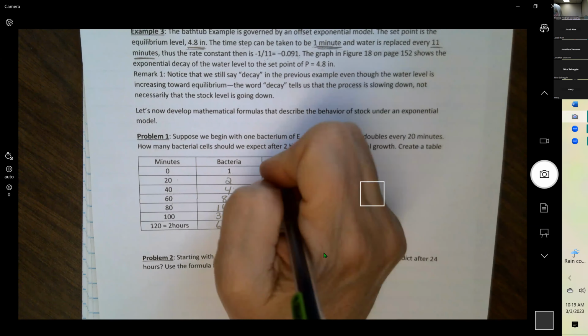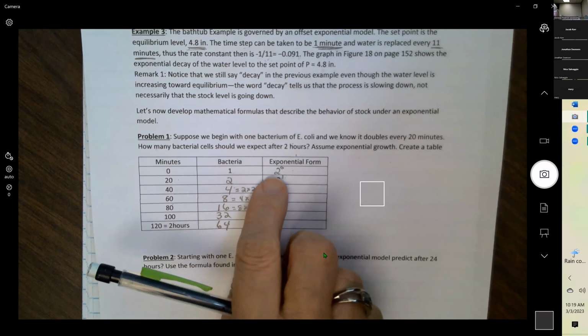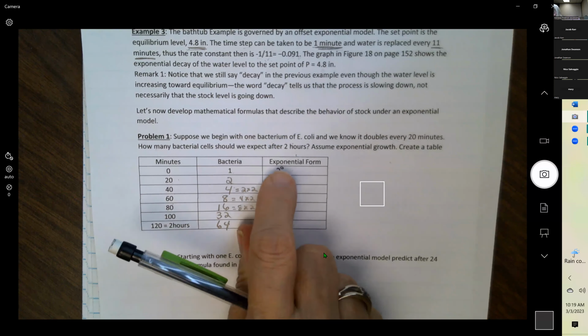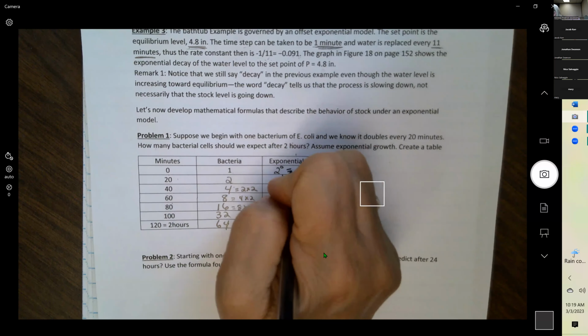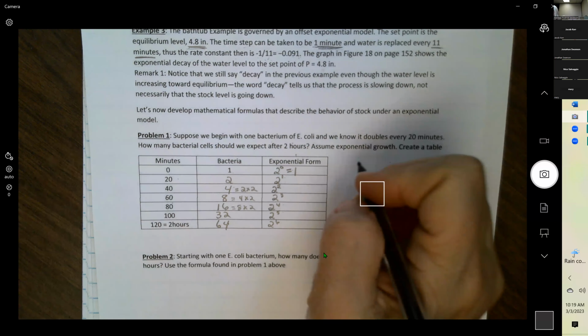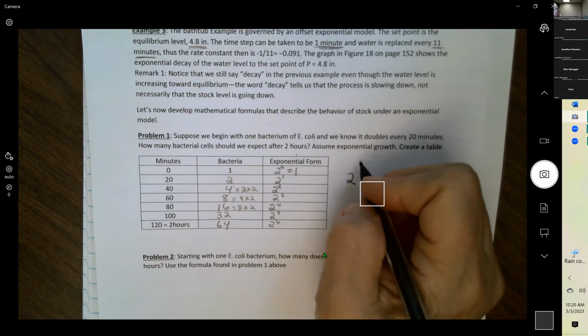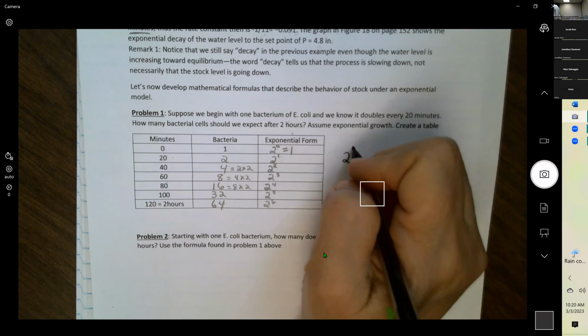The first one is 0. That's our starting point. Notice 2 to the 0, if you plug that in your calculator, it's 1. Anything to the 0 power is 1. So our formula could be 2 to the x.